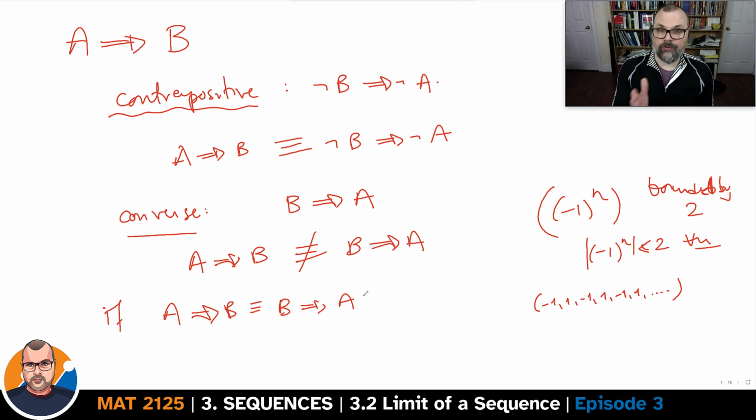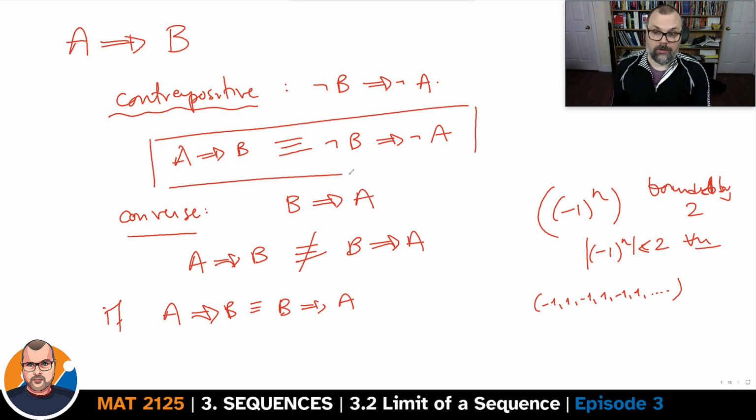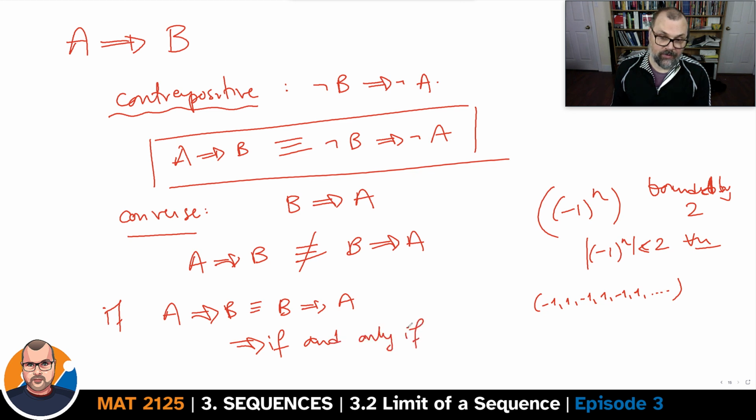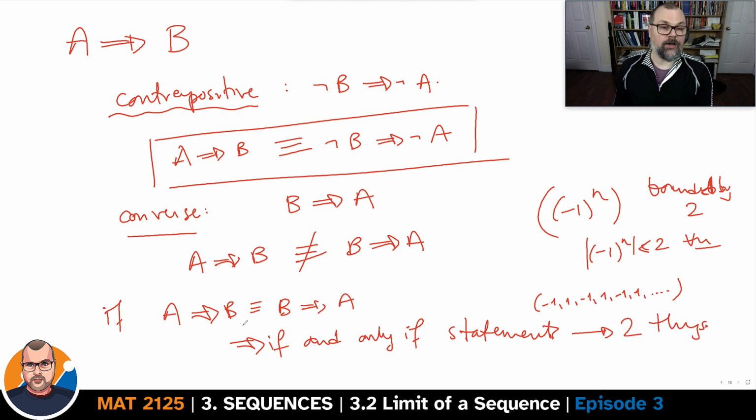A lot of the proofs that we will do in this class will rely on us recognizing this rule from logic, and as well, whenever we prove if and only if statements, we typically have to prove two things: one direction and the other direction.